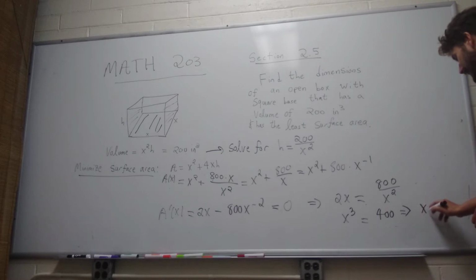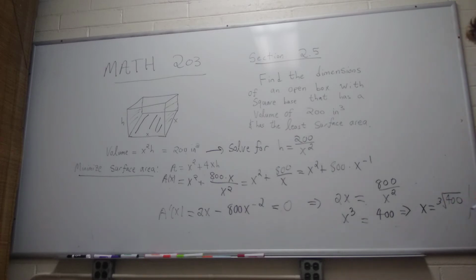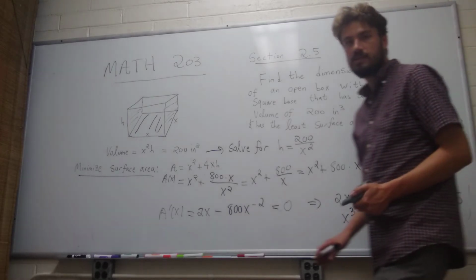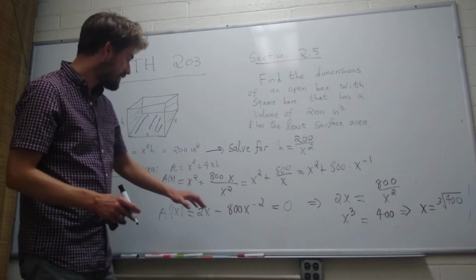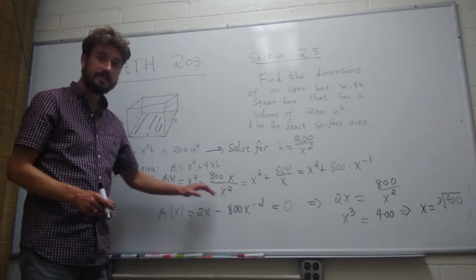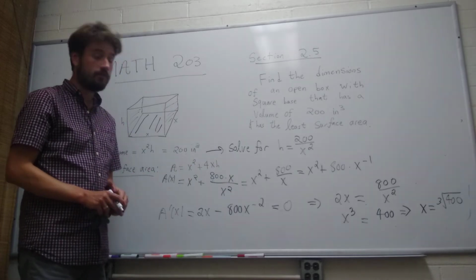So that means x is equal to the cube root of 400. You don't have to worry too much about this exactly. If you want, you punch it into your calculator and find what that is approximately. But what's important is that we took the derivative, set it equal to 0, and solved for the critical number.